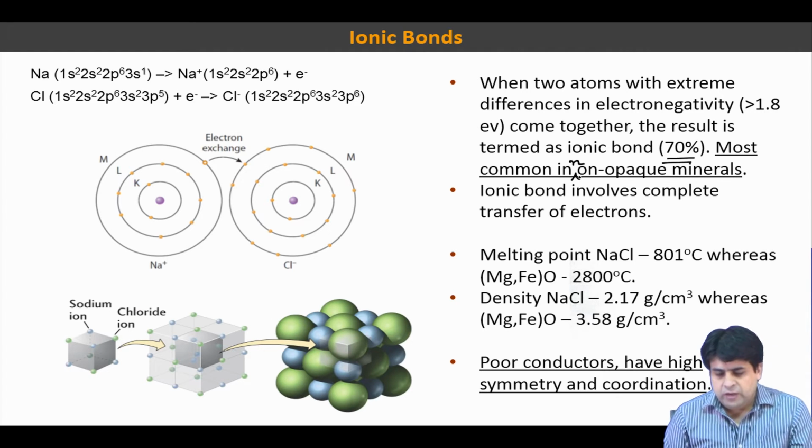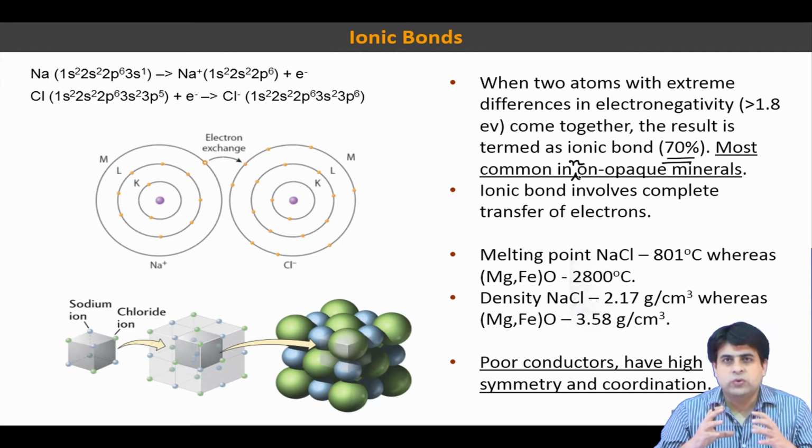And if you compare this NaCl with another phase, which is MgO, which is periclase, or take the example of ferropericlase, in the periclase or ferropericlase, they also have a halide or salt kind of structure.